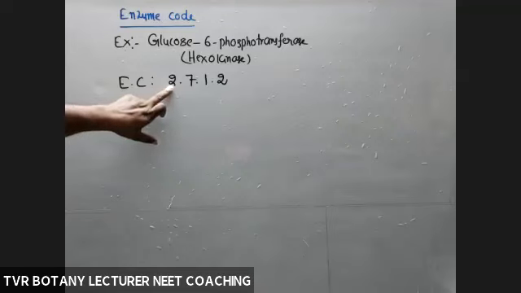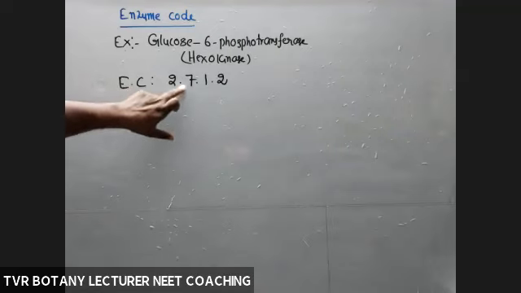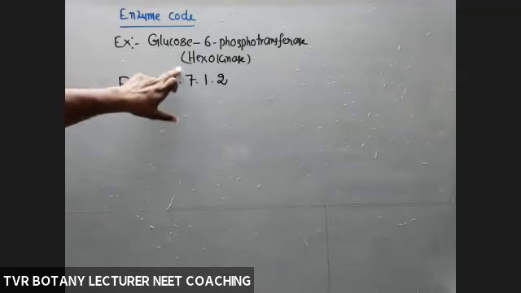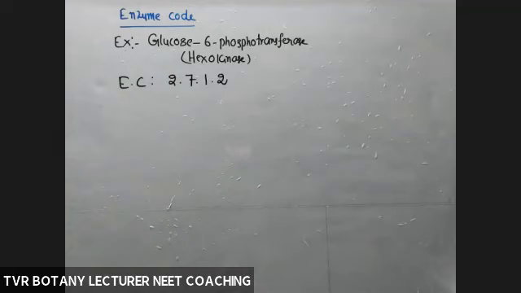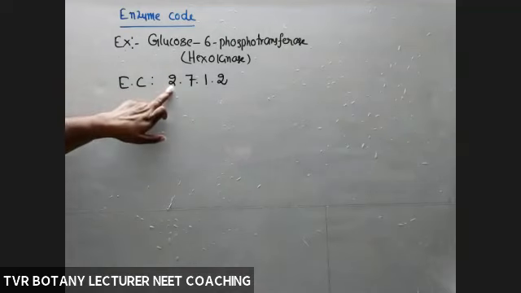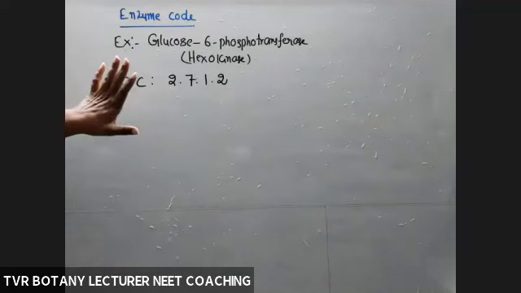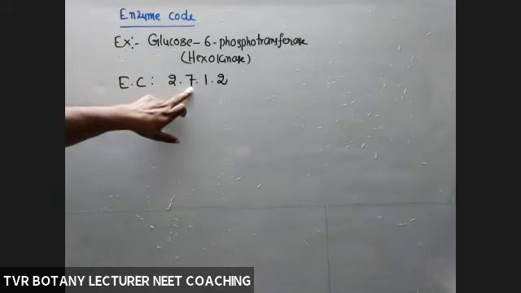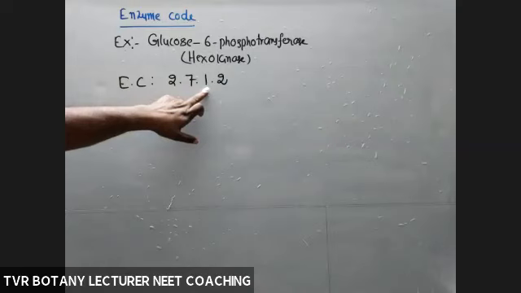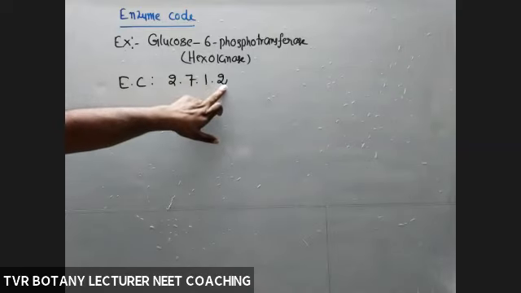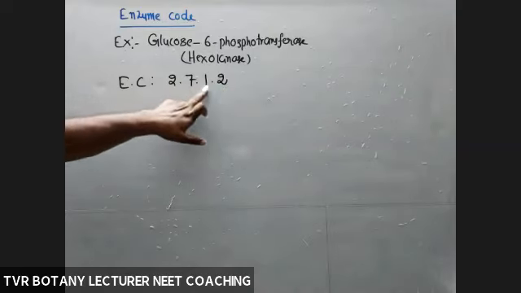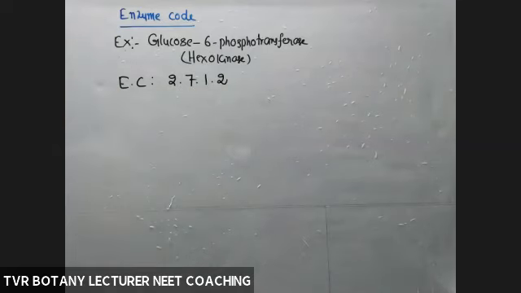If 3 is given, third class, like that. So on the basis of the first digit, we can identify the class to which the concerned enzyme belongs. Okay, so here the first digit is either 1 or 2 or 3 or 4 or 5 or 6 only. Okay, and this one subclass, this one subclass, and the serial number. So 2.7.1.2 is the enzyme code of that one.